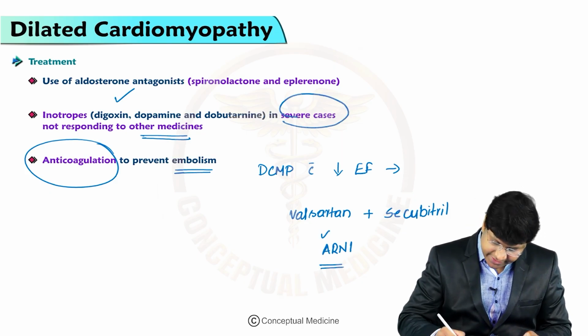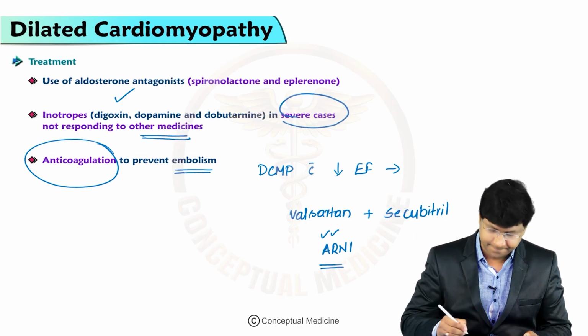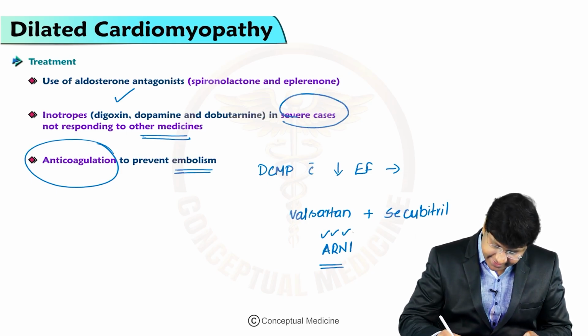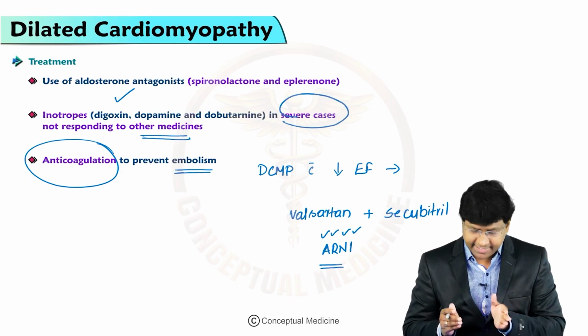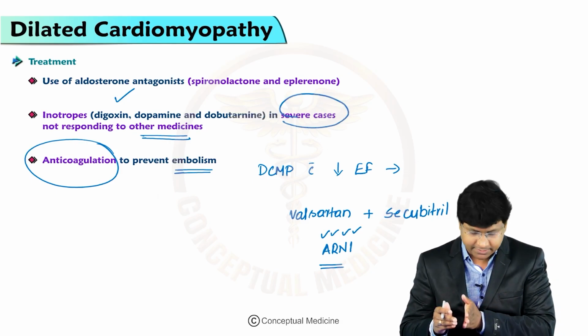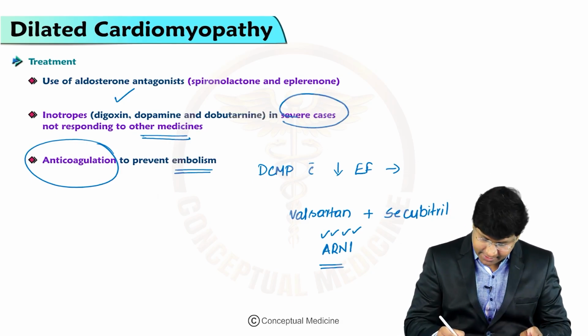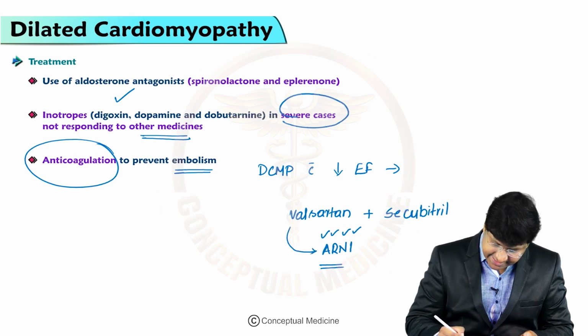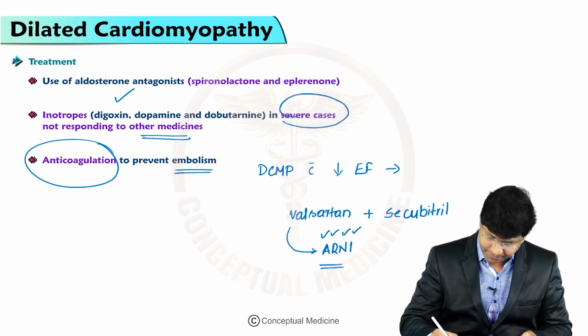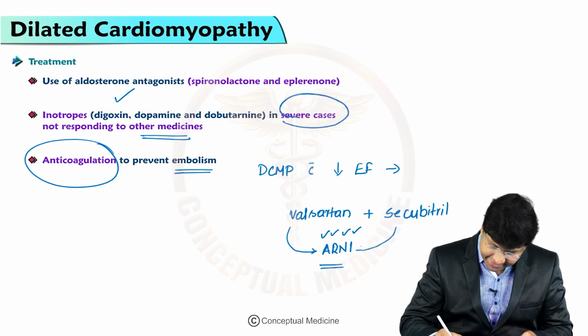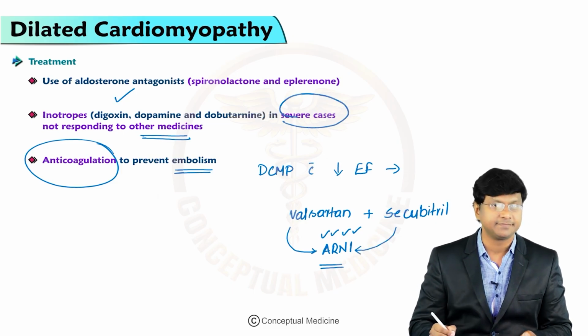that is angiotensin receptor blocker neprilysin inhibitor, right? Angiotensin receptor blocker neprilysin inhibitor. So valsartan is an angiotensin receptor blocker, whereas sacubitril is a neprilysin inhibitor.